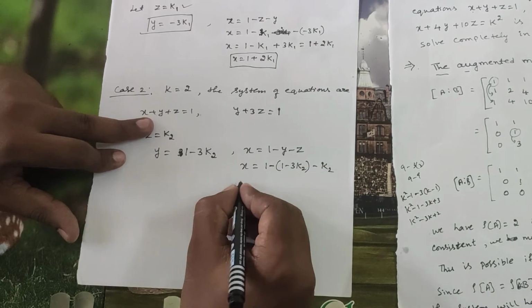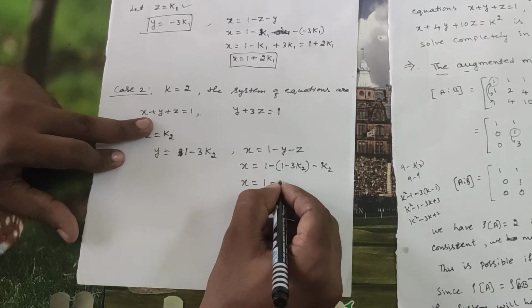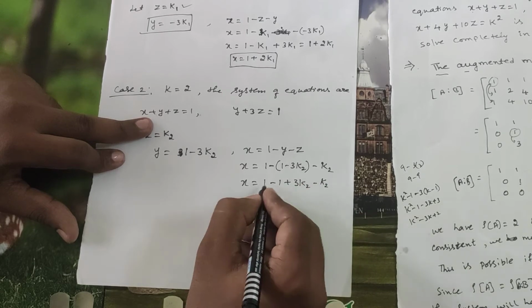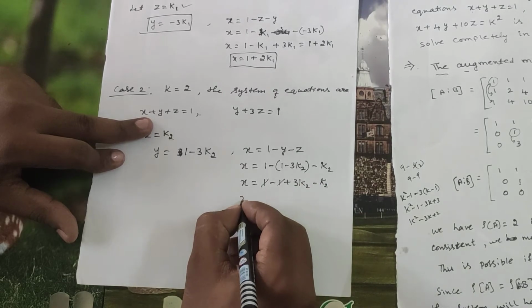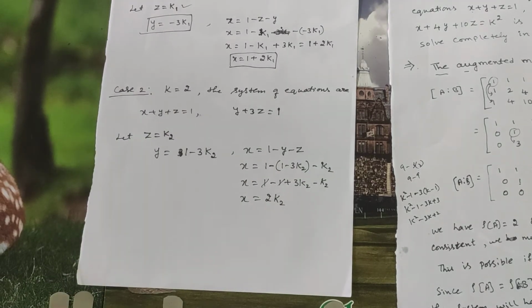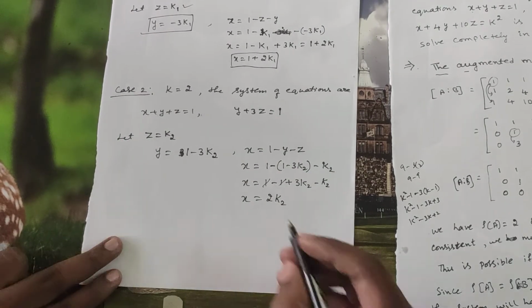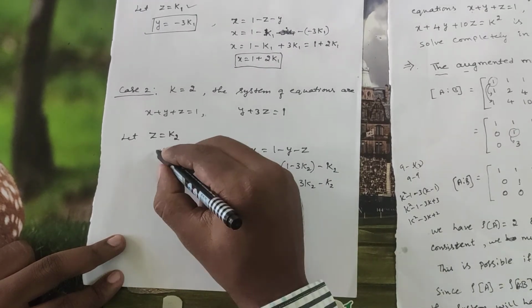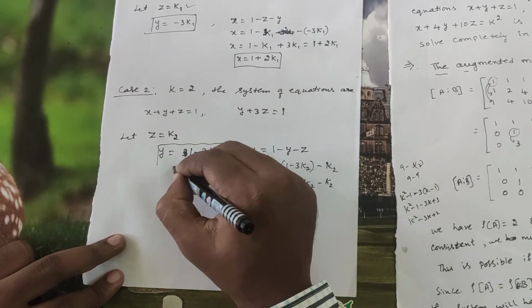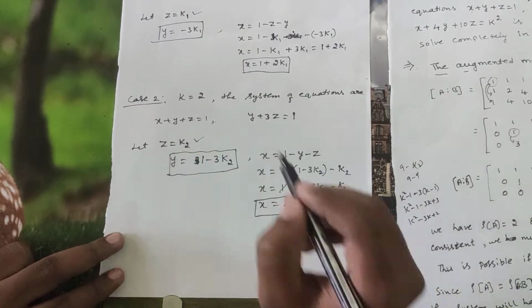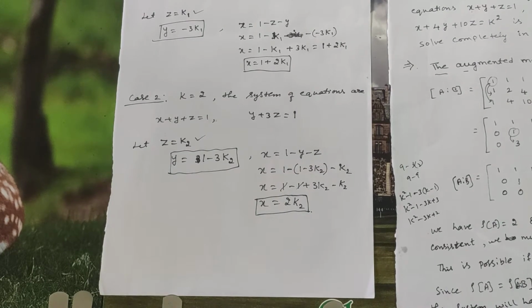So x equals 1 minus 1 plus 3 k2 minus k2. So these two get cancelled. So x equals 2 k2. So these are the required solutions. Okay, so next problem.